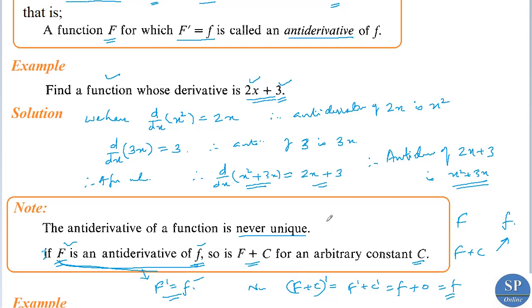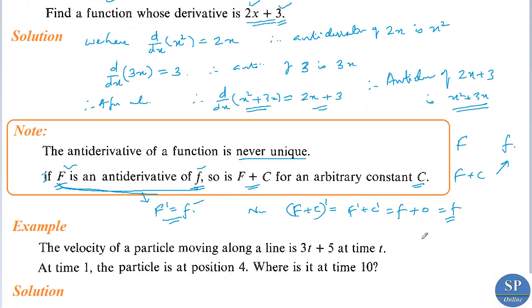That is, capital F is an antiderivative of f implies capital F plus c is also an antiderivative of f for any arbitrary constant c. So in the previous example, we obtained that x square plus 3x is an antiderivative of 2x plus 3.